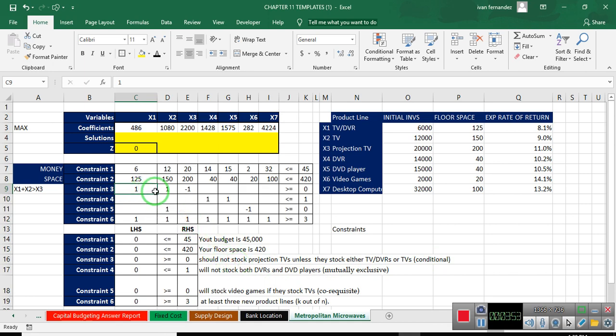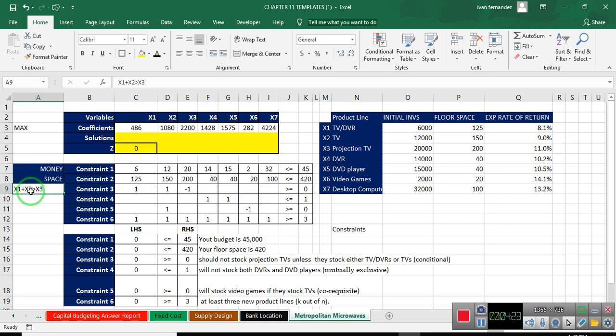X1 plus X2 has to be greater than X3. TV, DVRs, TVs, and projection TV. Sorry, I'm looking over here to make sure that I call them properly. Okay, so that would be it. I have it here on my left. That's what we're saying, because unfortunately that's not how solver works. Solver needs to have all the unknowns on the left side of the equation.